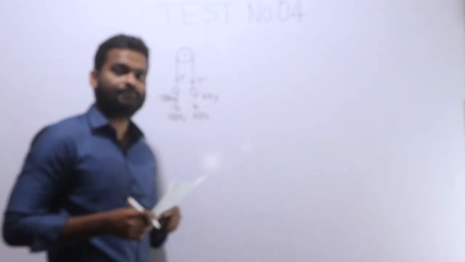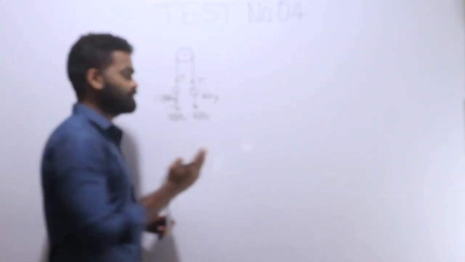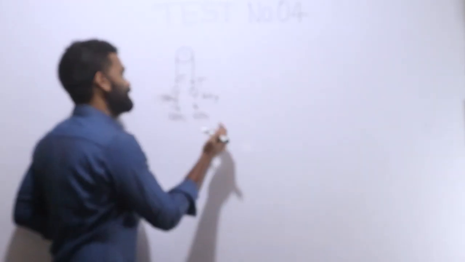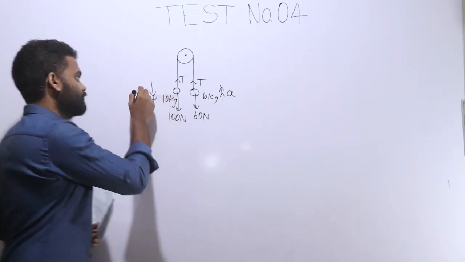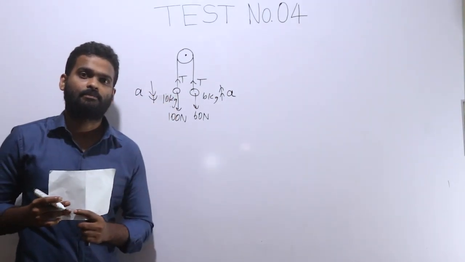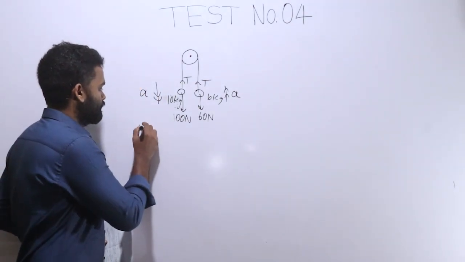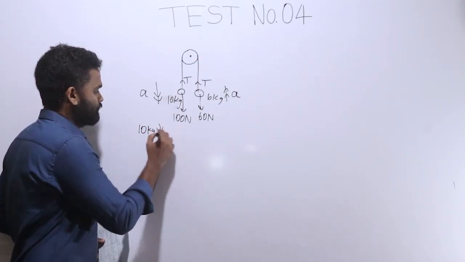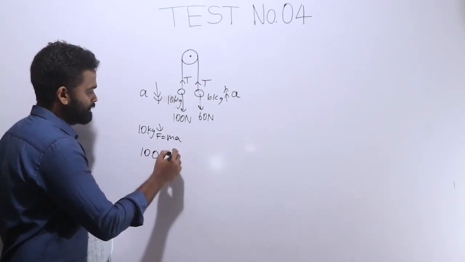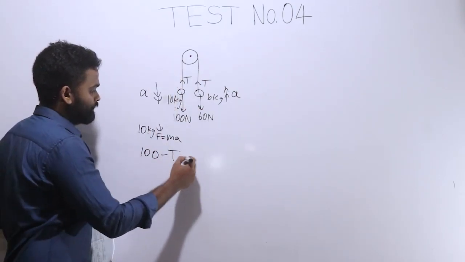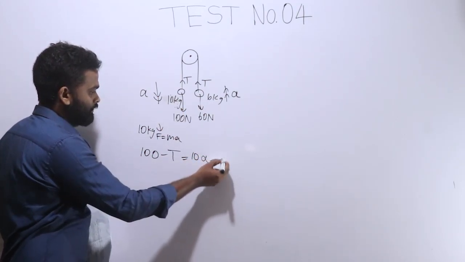As you can see, the system accelerates in this direction, meaning the 6 kg has to go upwards with acceleration a, and the 10 kilograms downwards with the same acceleration. Then I'll apply Newton's laws. First to the 10 kg downwards, F equals ma. So 100 minus tension upwards equals mass 10 times acceleration a. First equation.